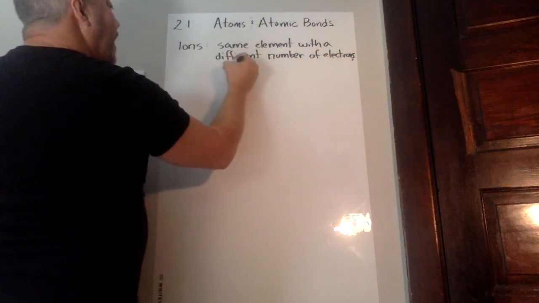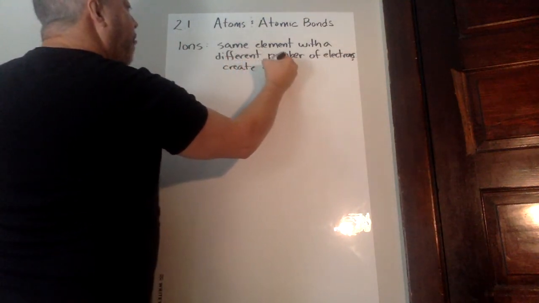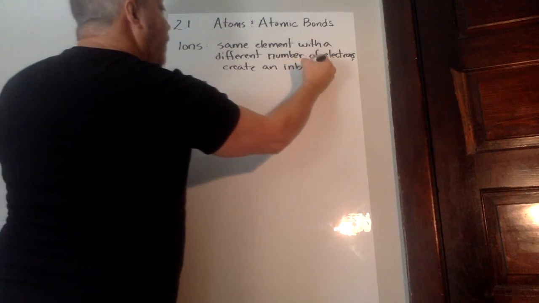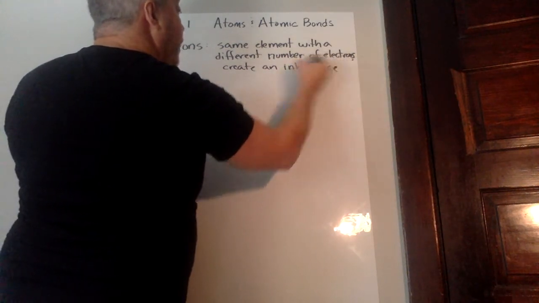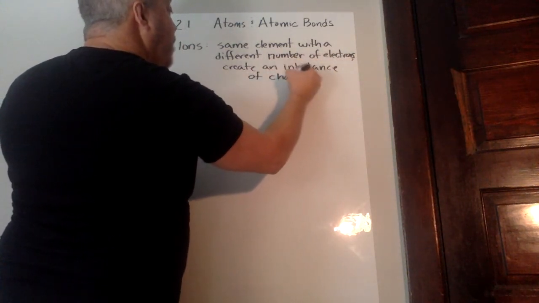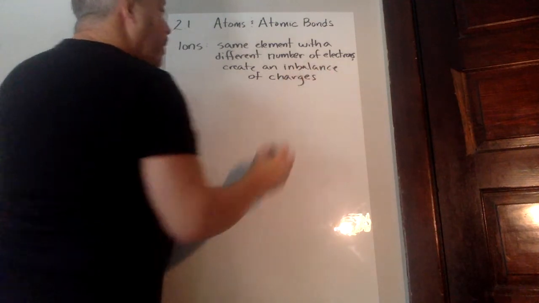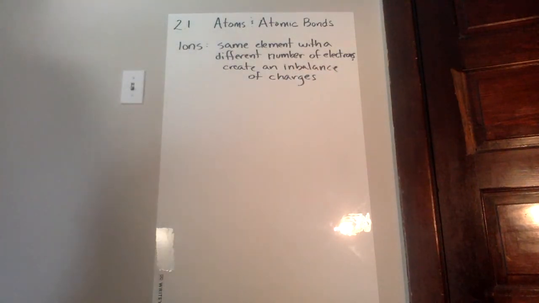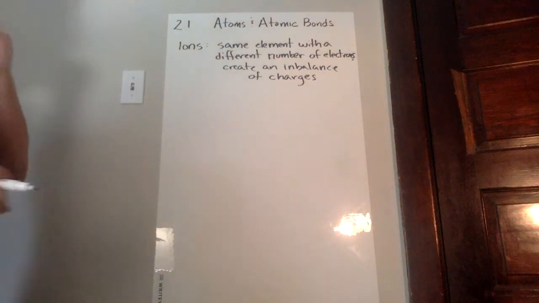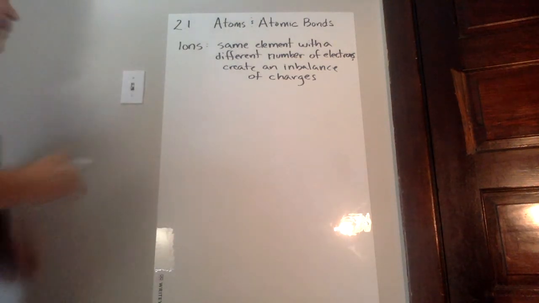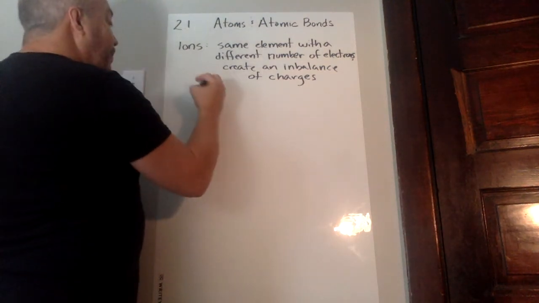And this will create an imbalance in the charges. Because remember, if I take away electrons, or if I add electrons, now I'm going to have more or less. And we give special names to those.